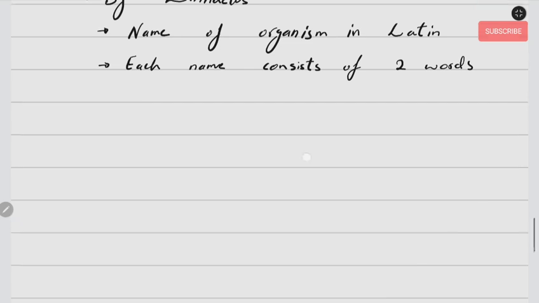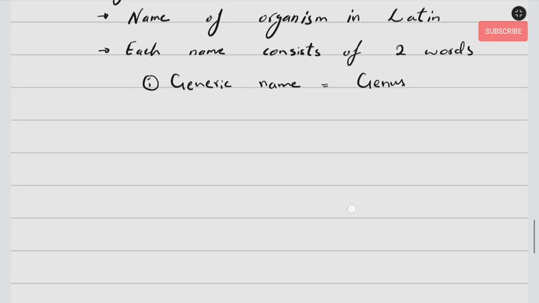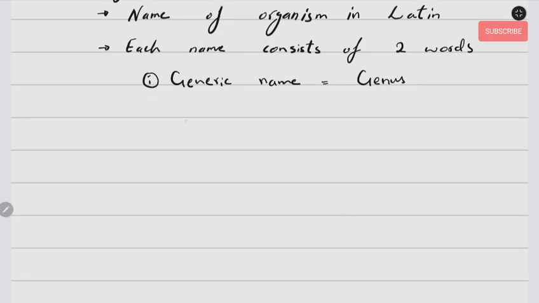What are those words? The first one is called the generic name, which is basically the name of genus. What's genus? In the classification system, it's a group of different species which are very closely related to each other. That's called genus. We will come back to this in a couple of minutes. So the genus name is called generic name, and the second one is the specific name.